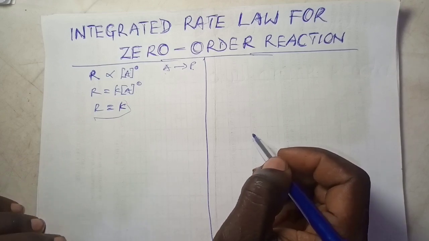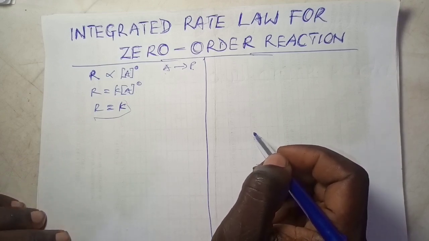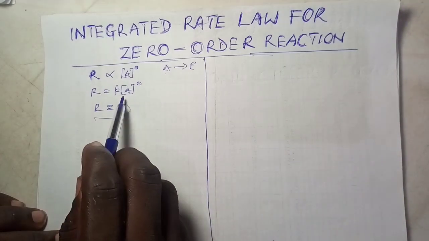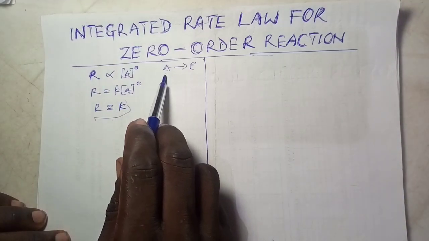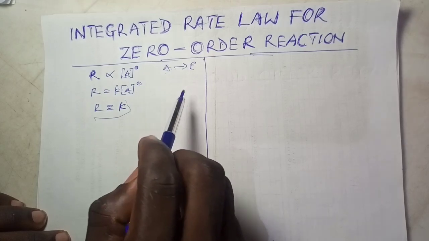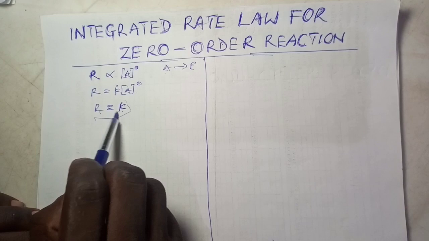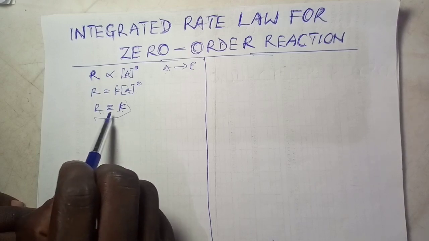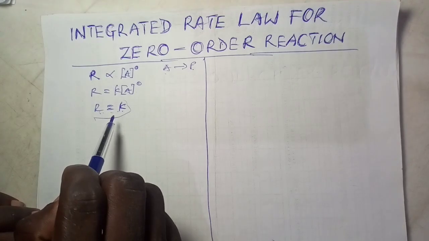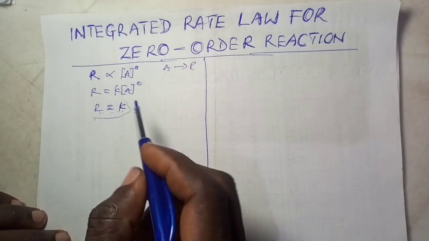Here, rate does not vary with the increase or decrease in the concentration of the reactant. Thus, the rate of this reaction is always equal to the rate constant of the specific reaction. The rate of the reaction is independent of the concentration of the reactant.